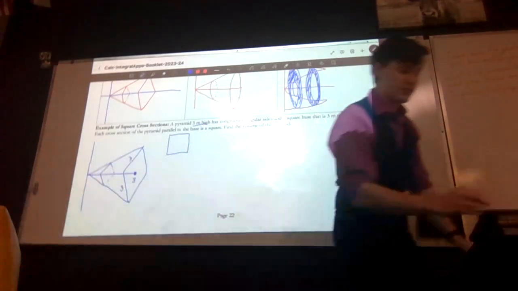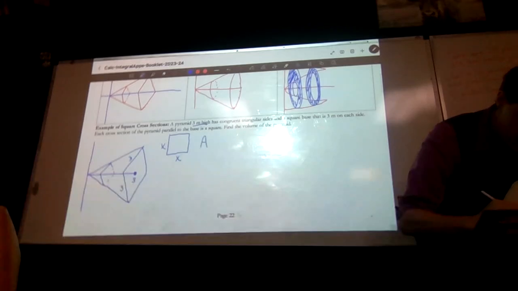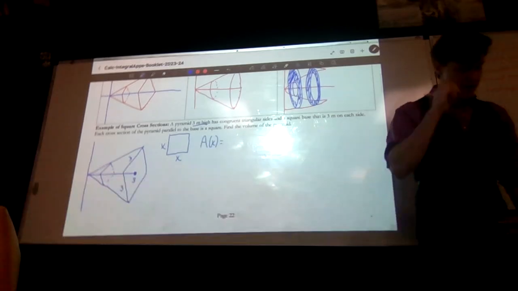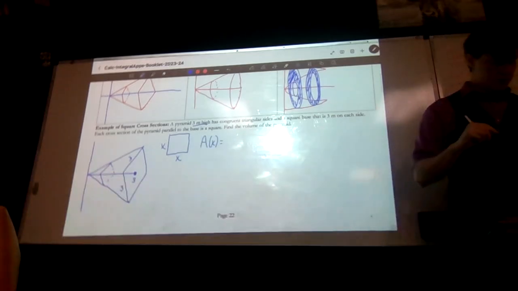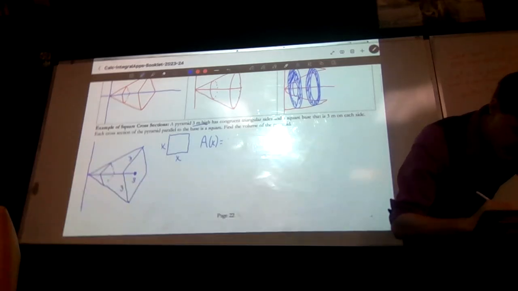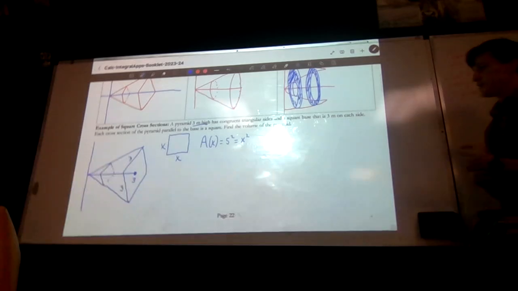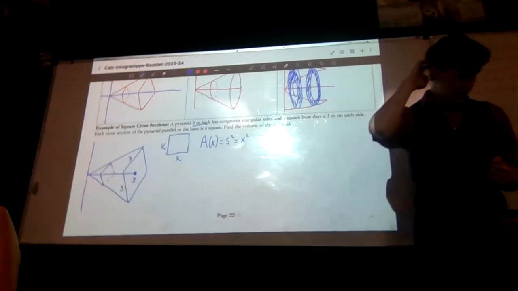No. So we call those x and x. Because what is the area formula? A of x is going to equal sides squared. And since our sides are x, we call that x squared. So we get A of x equals x squared.